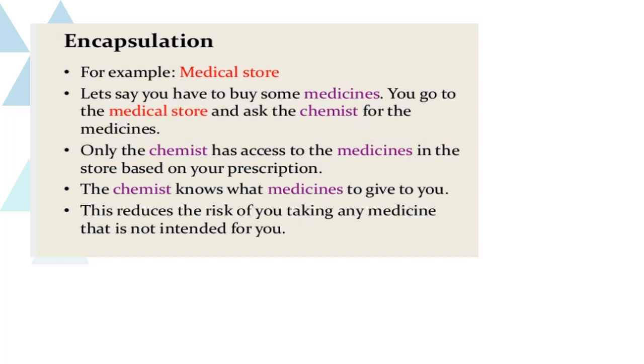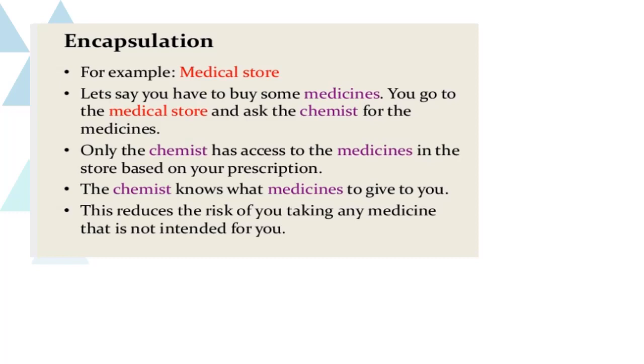In this slide, I have mentioned one example of encapsulation, which is a medical store. Let's say you have to buy some medicines. You go to the medical store and ask the chemist for the medicines. Only the chemist has access to the medicines in the store, based on your prescription. The chemist knows what medicines to give you.